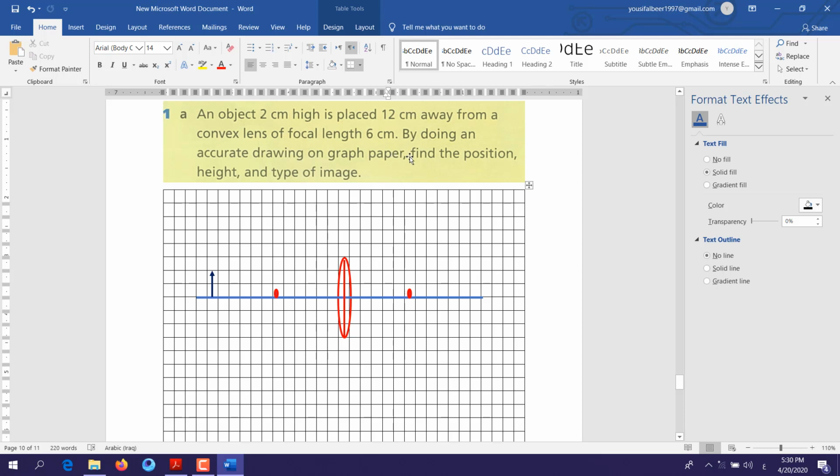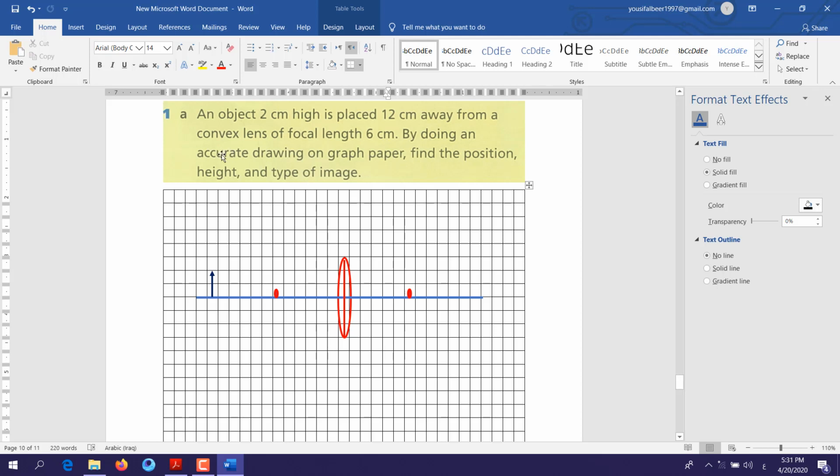Now what we will do is find the position, height, and type of image. So the image will be formed on this side, behind the lens. So now we need to find what? We need to find the position firstly. The first step is to draw the main rays, or the standard rays.